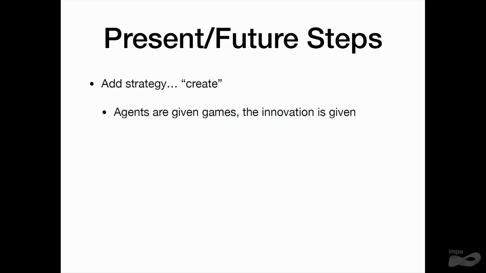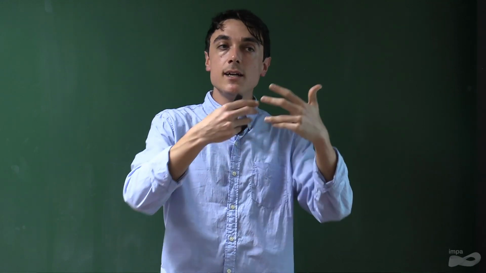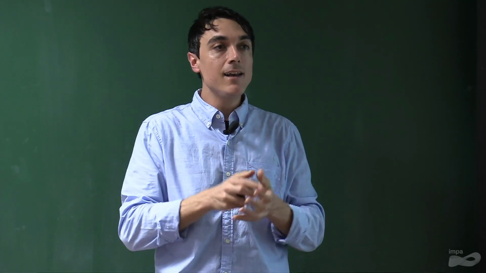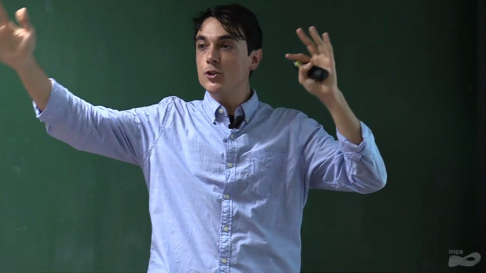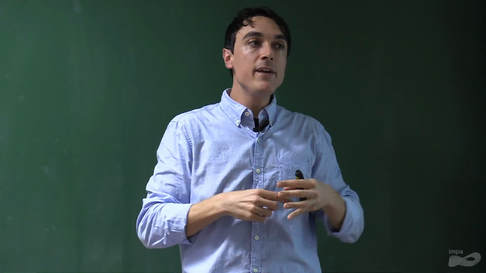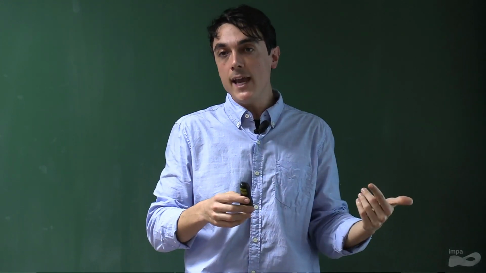So some present future steps, because they're happening now, but they're not completed. In this modeling, the present future steps include adding a strategy. So it's part of where creativity comes in. Because the way it's being modeled now, how Peyton Young is doing the innovation diffusion, is that it's like all of a sudden an innovation appears, and we can choose to adopt it or not. And innovation is not introduced by one of the agents, right?